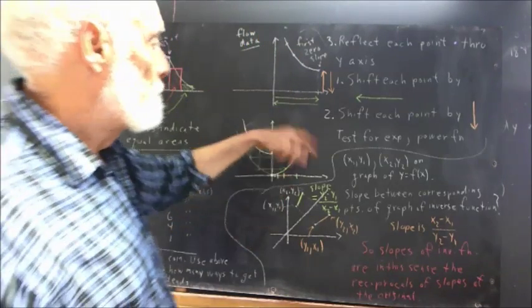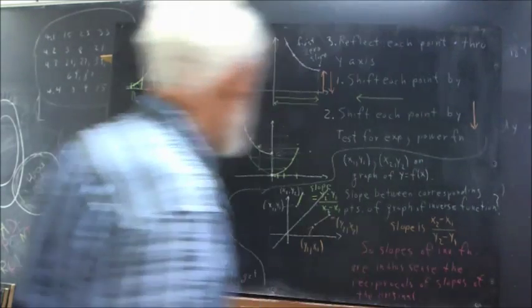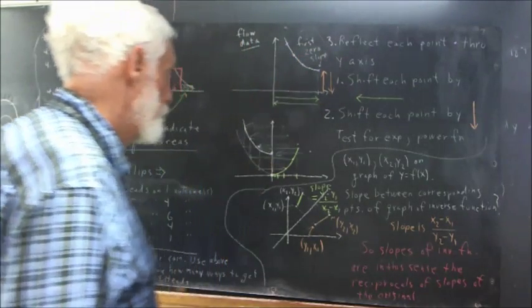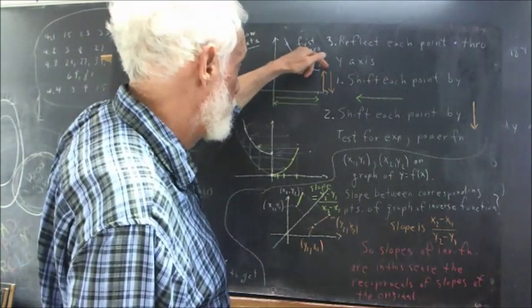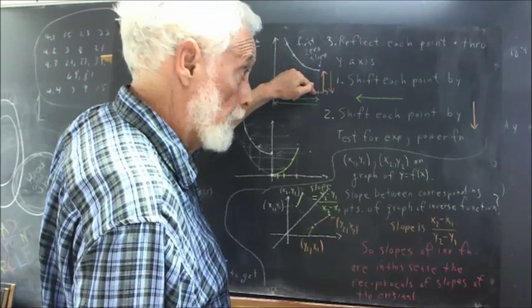Then we shift each point by this downward vertical shift. Right here is the downward vertical shift, and this is the distance. This shift goes through a displacement that takes this point to the x-axis.